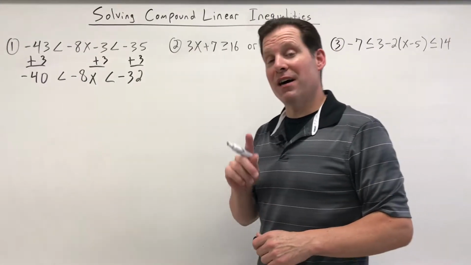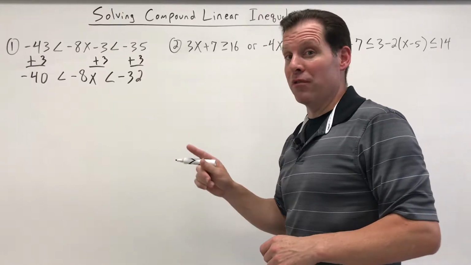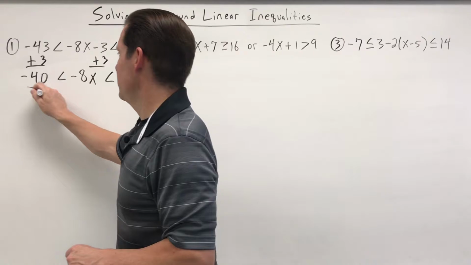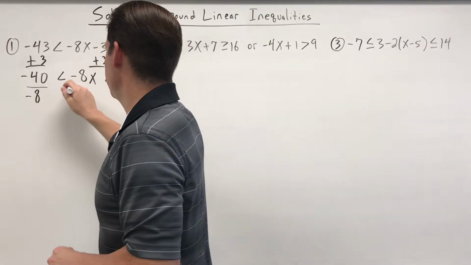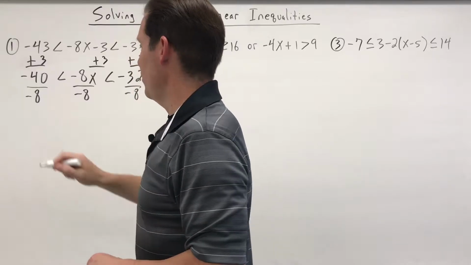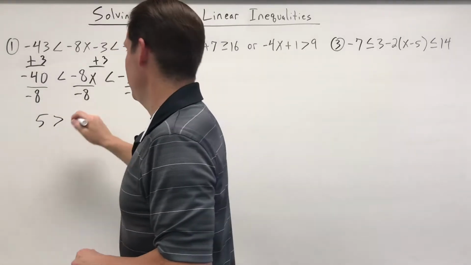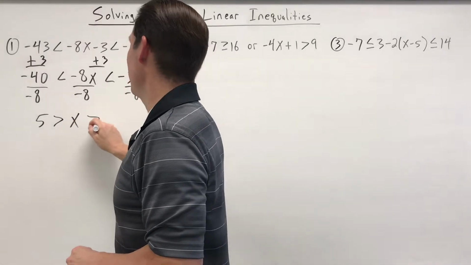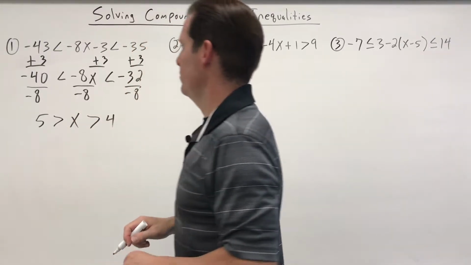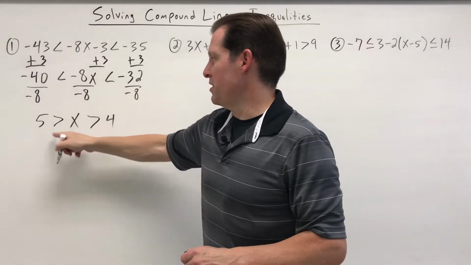Remember, when you divide by a negative, you have to flip the inequalities. So I got to flip both of them. I'm going to divide this by negative 8, divide this by negative 8, and over here. So that's going to be 5 is now greater than x, which is now greater than 4. Again, divide by a negative, you got to flip your inequalities here.